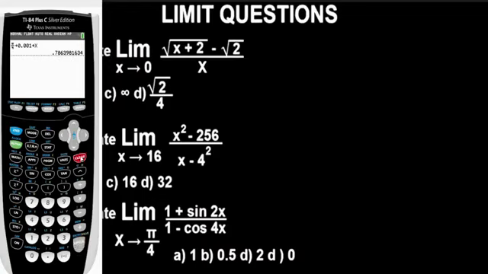Let's clear this. So right now, let's solve this question. It's fraction, alpha, this trace button, then press 1. All right, so we have 1 plus sine 2x, close the brackets, over 1 minus cos 4x.